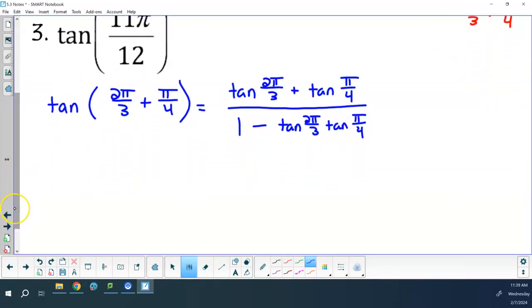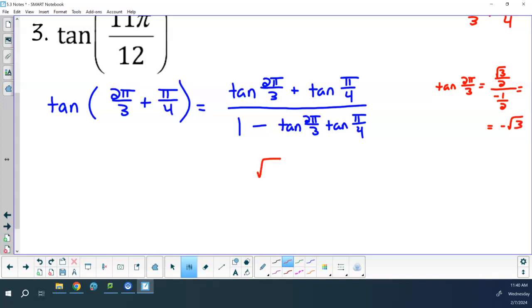What is the tangent at 2 pi over 3? Negative square root of 3. Okay. Off to the side, tangent at 2 pi over 3 is square root 3 over 2 divided by negative 1/2, which is negative square root of 3.